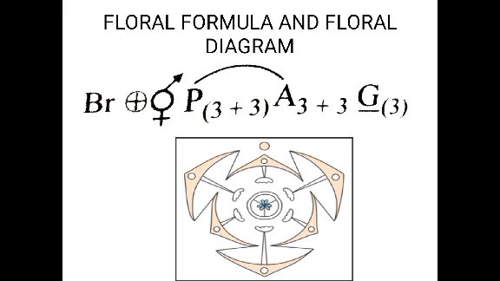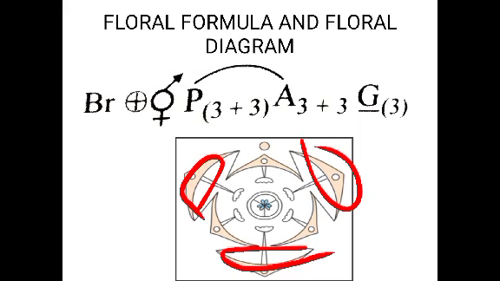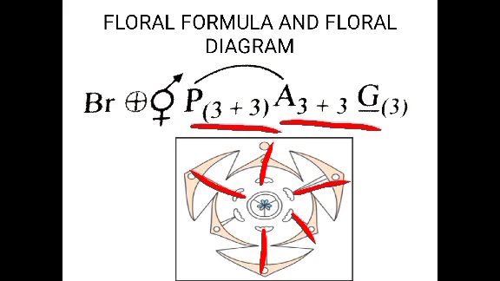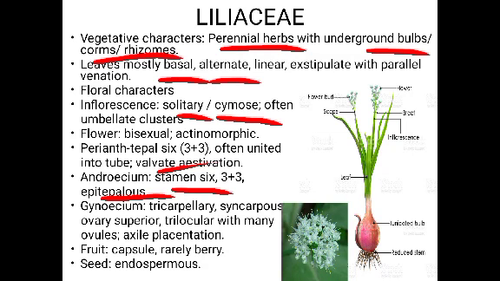See here, this is one tepal, this is another, this is another. These three form the outer whorl and these three form the inner whorl. So if you see the stamens also, these three form the outer whorl and these form the inner whorl. That's why it is arranged here. We can say 3 plus 3. Here the perianth also we are saying is 3 plus 3. Now, when we see the gynoecium, it is tricarpellary.